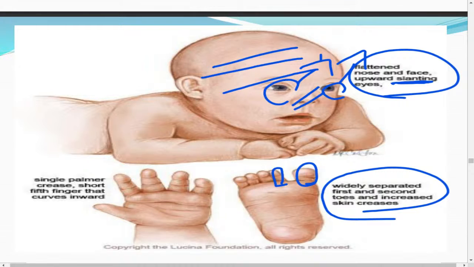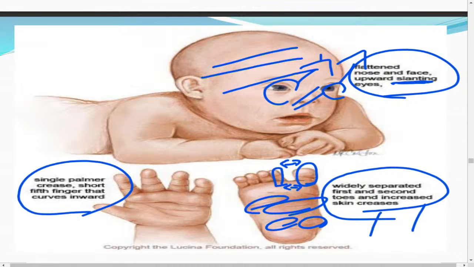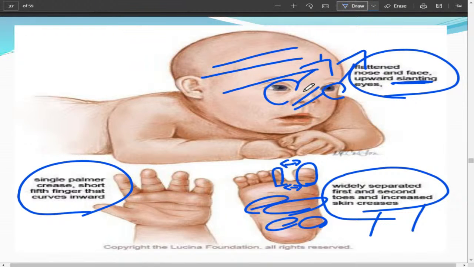There is a wide distance here between these two toes, about 2 centimeters, let's say, or even more, and increased skin creases. Let's finish this writing here.